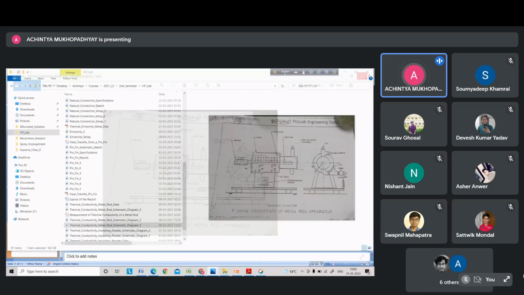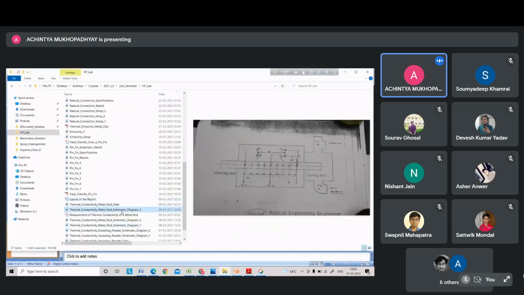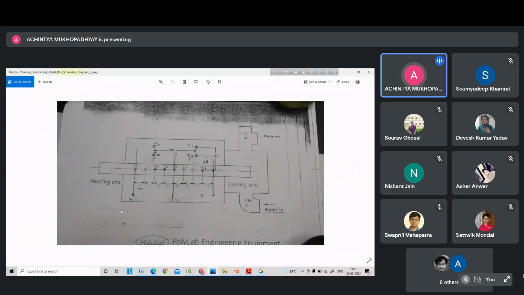A more detailed view of the positioning of the thermocouples: this length was given, if you remember, as 176 millimeters, and all the 9 thermocouples are placed at equal intervals, so each interval is 22 millimeters.